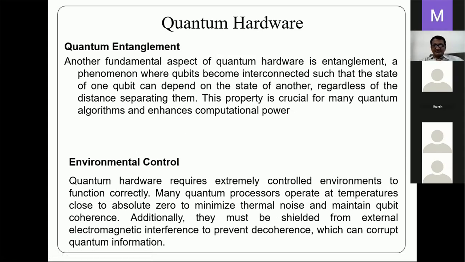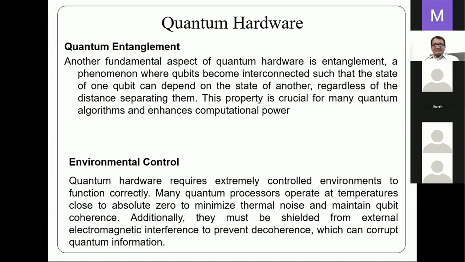The next topic is quantum entanglement. Have you heard about quantum entanglement? Very good. It is basically a phenomenon where qubits become interconnected such that the state of one qubit can depend on the state of another, regardless of the distance separating them, wherever the gates are connected.